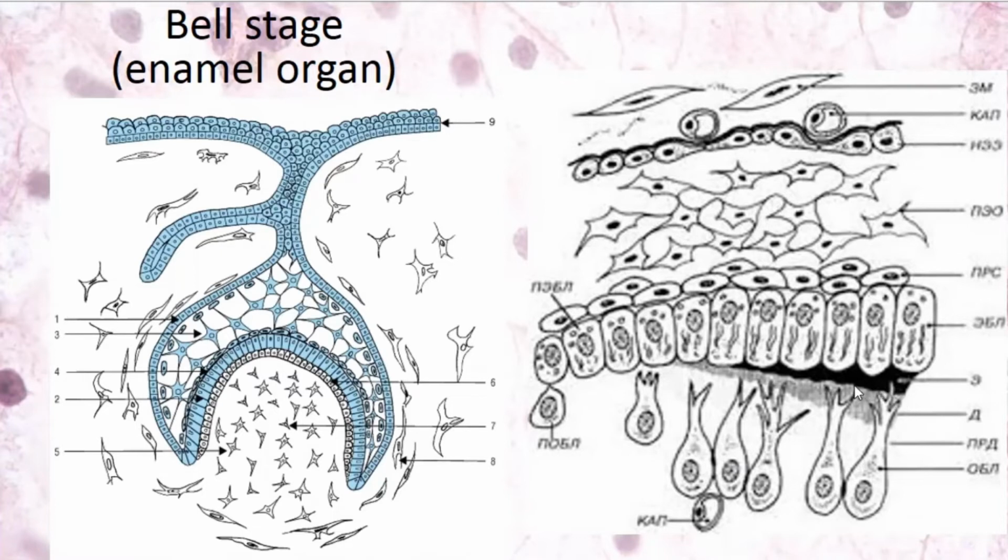And here we can see the border between enamel and dentine. It develops during embryogenesis, and the junction of enamel and dentine is formed during odontogenesis and embryogenesis of the embryo.